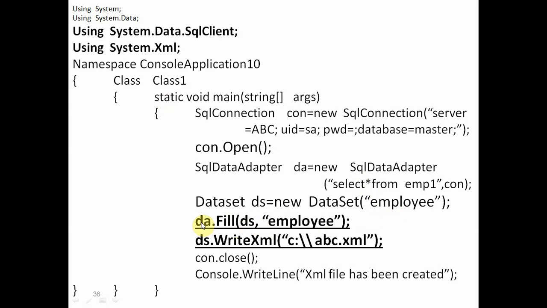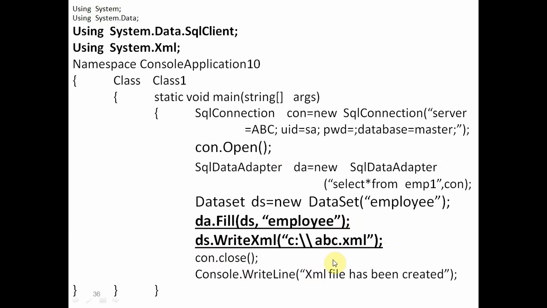So this way, by this DA we are filling the DS dataset, and from the dataset we directly write XML code. So from this emp1 we are collecting data, and this collected data is transferred to the DS, and DS will write that data on abc.xml.